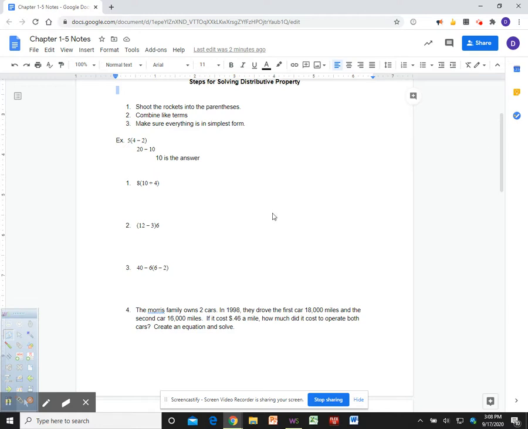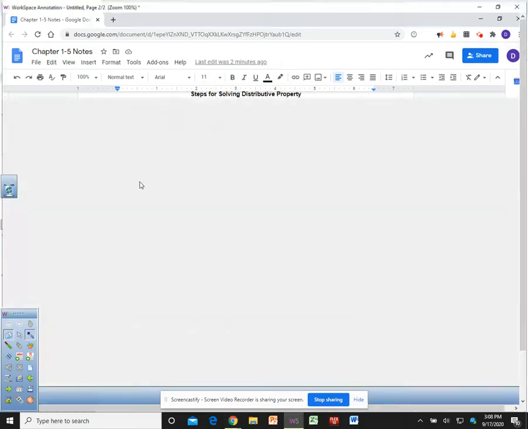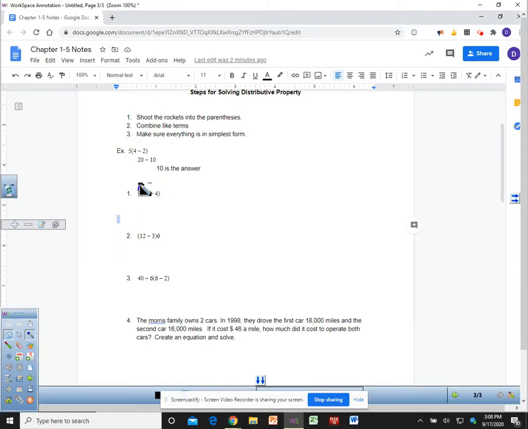So an example would be number one, shooting the rockets, meaning you're going to go 8 times 10 and 8 times 4. So 8 times 10 is 80 plus 8 times 4, which is 32, and you're going to get 112.